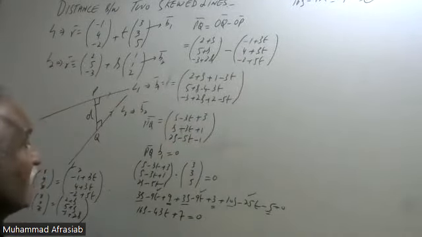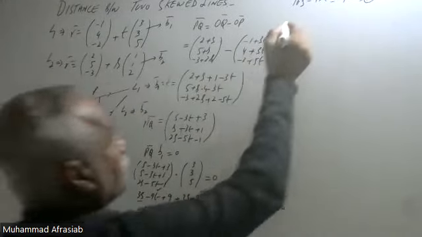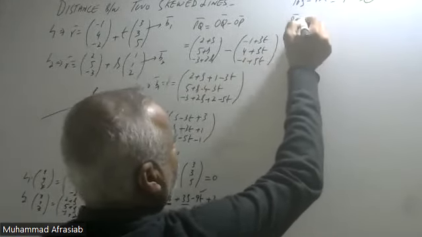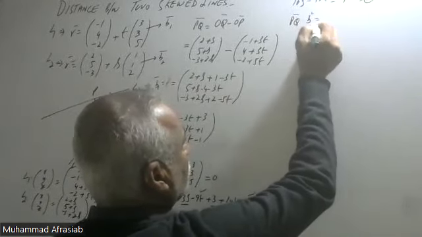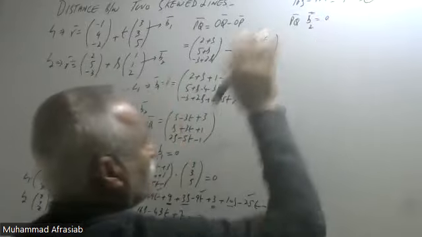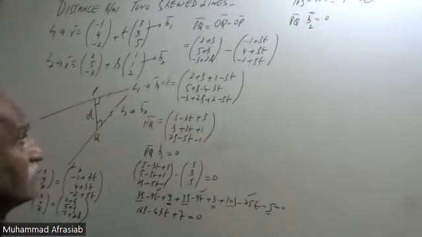Now we can use the second form, that PQ dot B2 should be equal to 0, because they are also perpendicular to this vector B2 here.